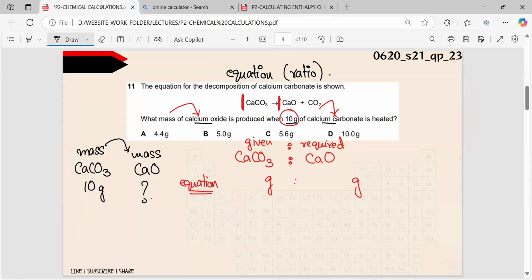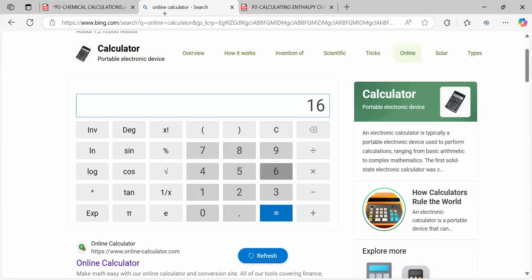So we can find out their masses from the atomic masses. Calcium carbonate, CaCO3: calcium is 40, carbon is 12, oxygen is 16 into 3. So 16 multiplied by 3, oxygen is 48, plus carbon 12, plus calcium 40, is 100.